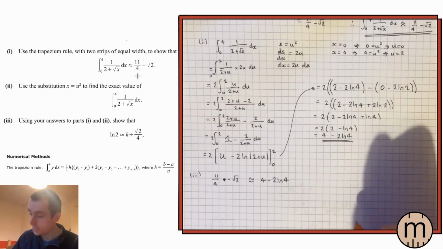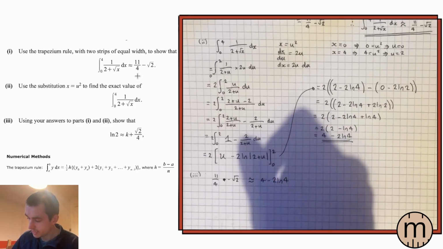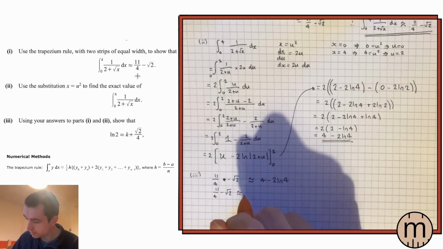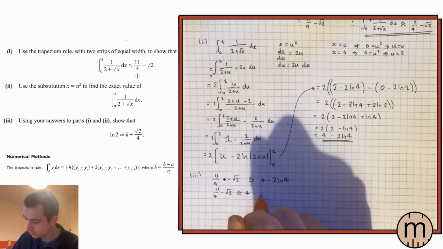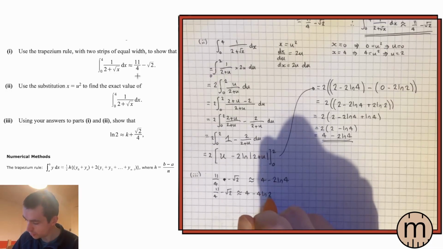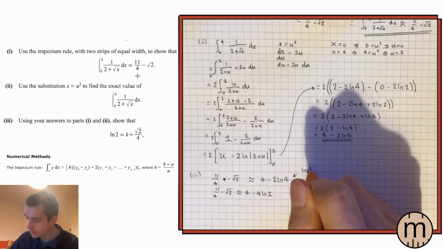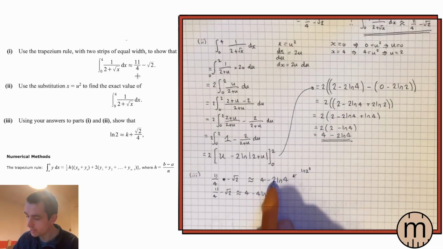The answer wants ln 2, so we need to turn this back into ln 2. So this means that 11 over 4 minus root 2 is similar to 4 minus 4 ln 2. If I make this ln 2 squared, bring down the 2 to make that 2 into a 4.